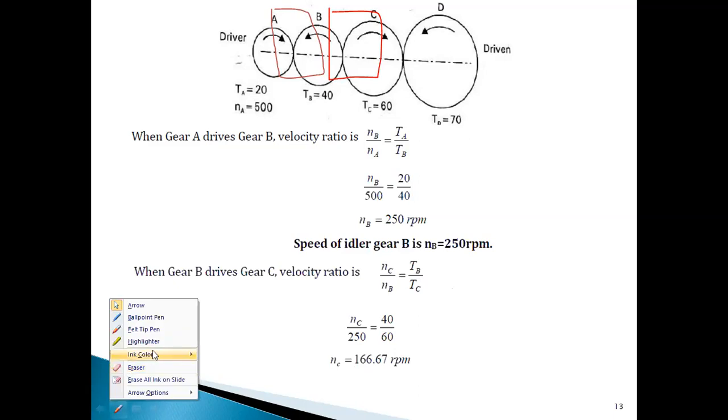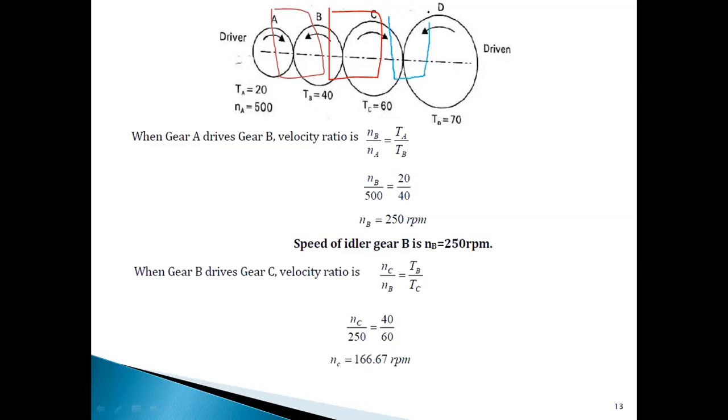Now we are left with the last combination, that is gear C drives gear D. This means ND by NC is equal to TD by TC. Let us see.